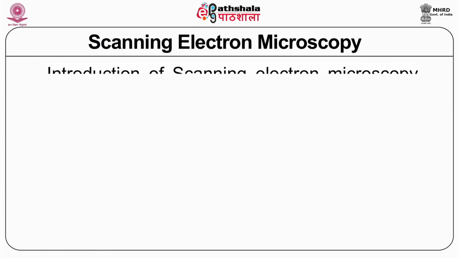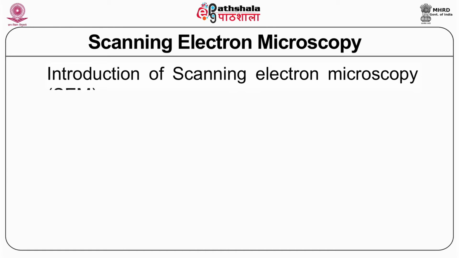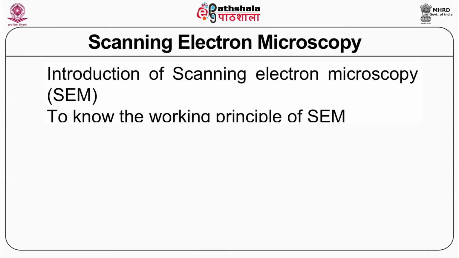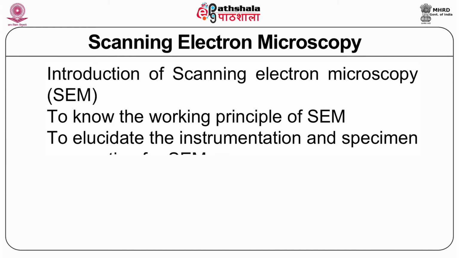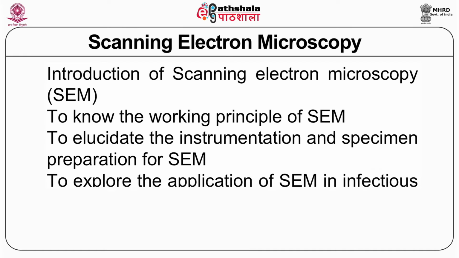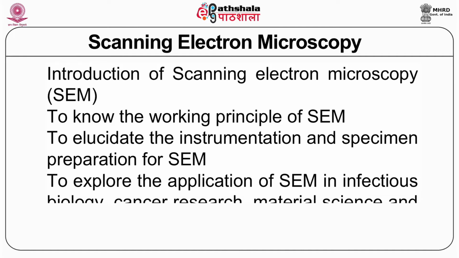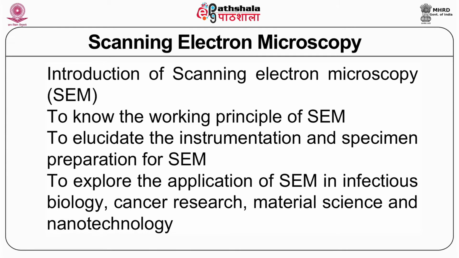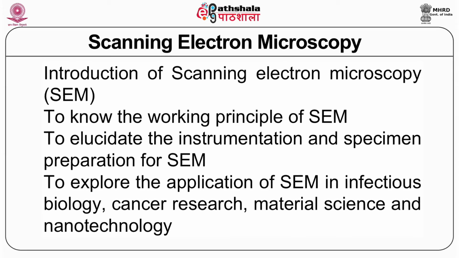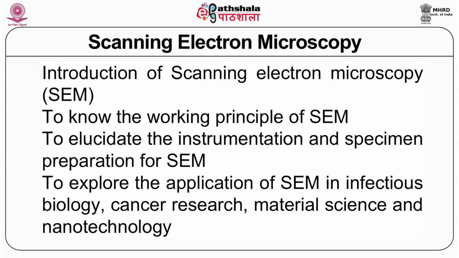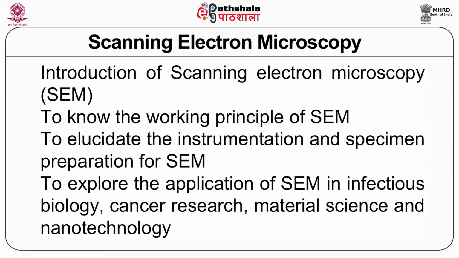So the next is the scanning electron microscope. Now this is again with a small introduction to scanning electron microscopy. What are the working principles based on which this is developed, and this is actually used mainly to elucidate the structural organization in a cell, and also the main purpose is to use it as an application to understand the surface details of microorganisms.